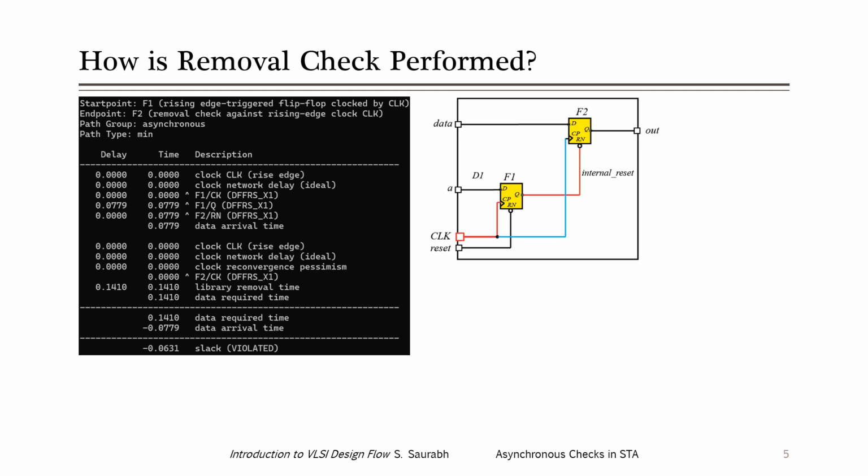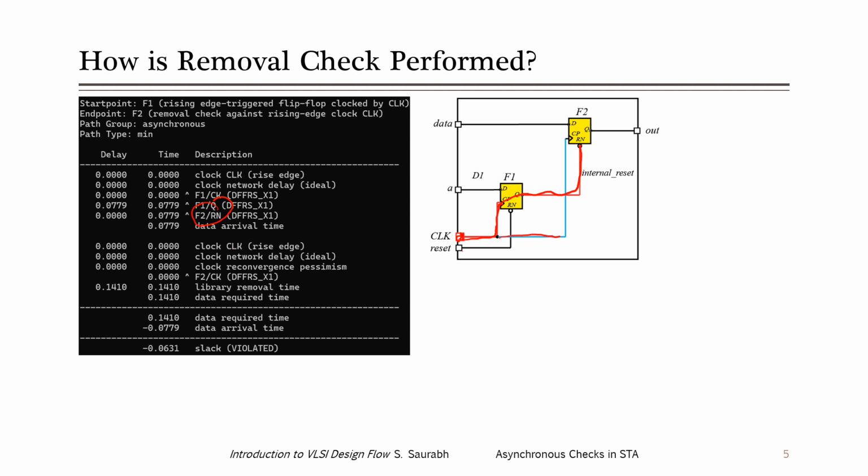In this timing report, we see that there is a clock at this point, which goes to F1 CK, and then goes through Q to this, and then it reaches the Rn of F2. So this is the launch path, and the capture path is from the clock to F2.